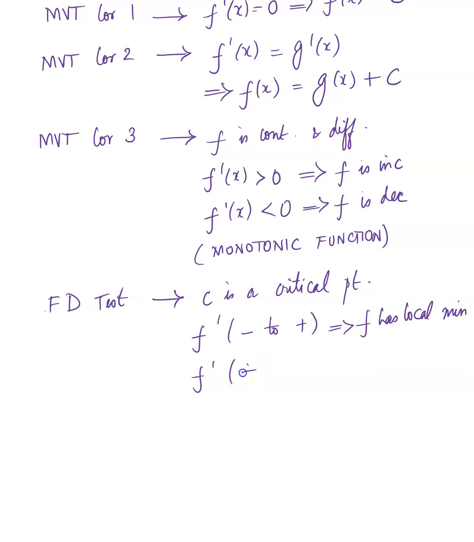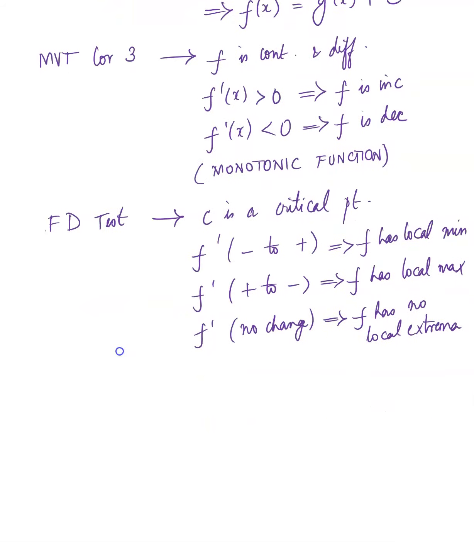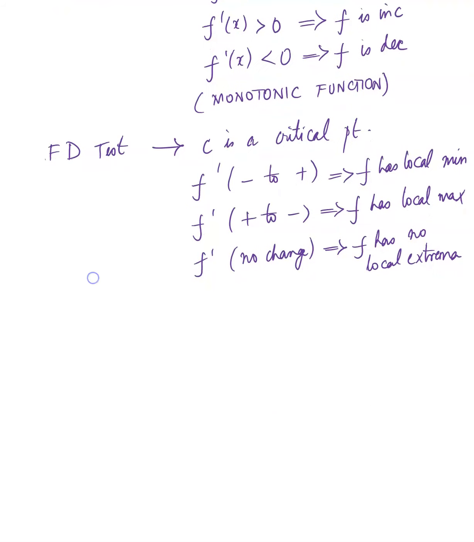If f prime changed from positive to negative, it implies f has a local max. And if f prime had no change, f has no local extrema. That was your first derivative test.